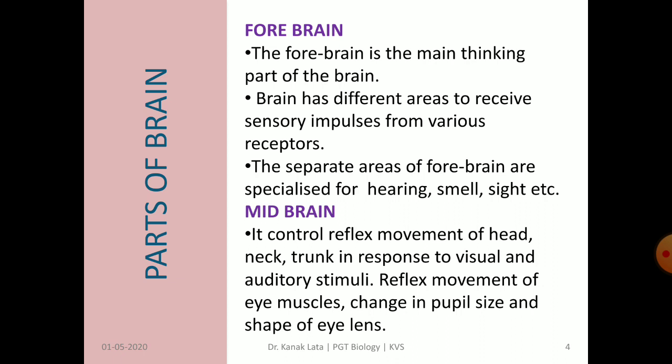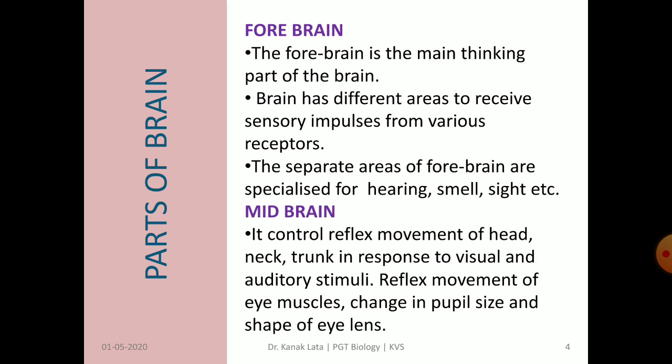Forebrain is the main thinking part of the brain. It has different areas to receive sensory impulses from various receptors. These separate areas are specialized for hearing, smell, sight, etc. Now it is of midbrain.